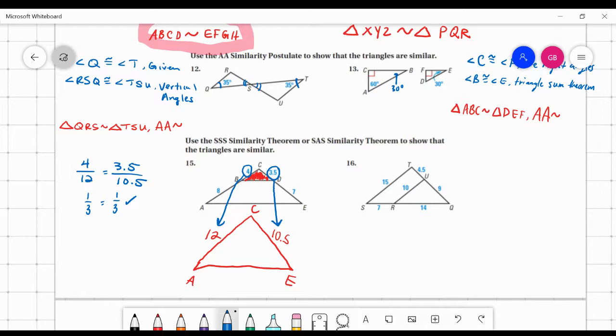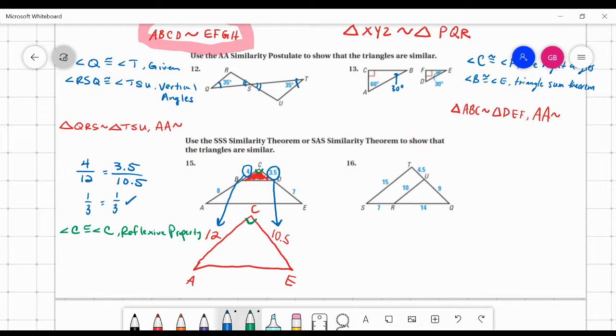So the sides correspond, okay? So I have two pairs of sides that correspond. I just need the angle part. So the angle that they share is angle C, right? Both triangles have angle C. So angle C is congruent to angle C. That's because of the reflexive property. That's the reflexive property of congruency.